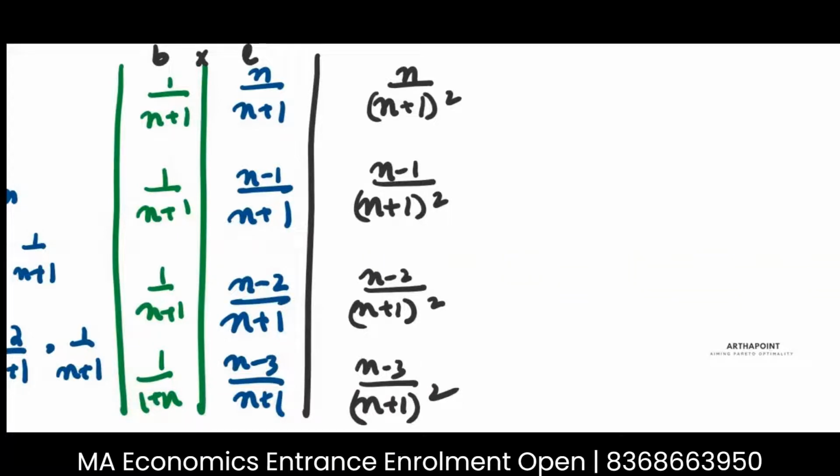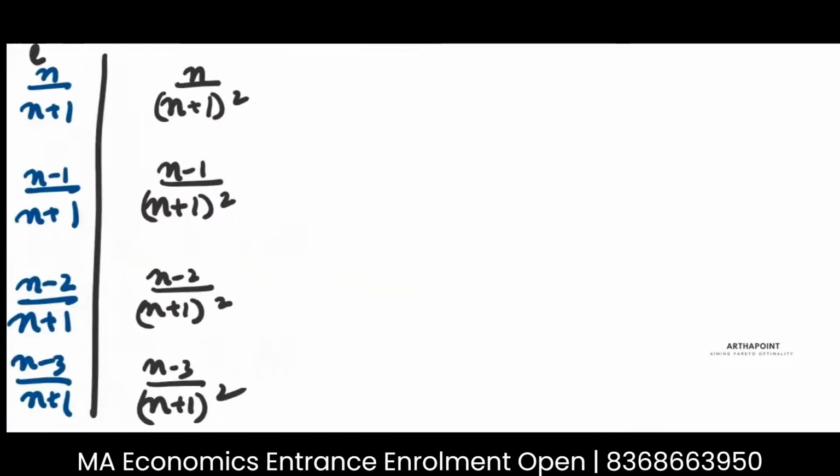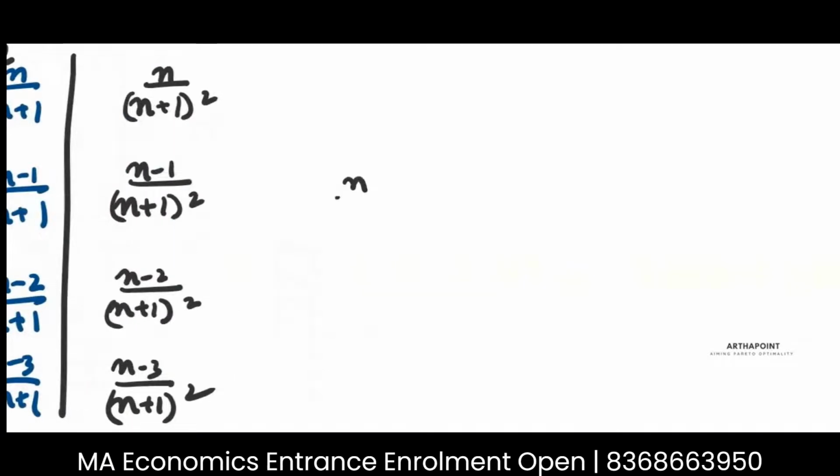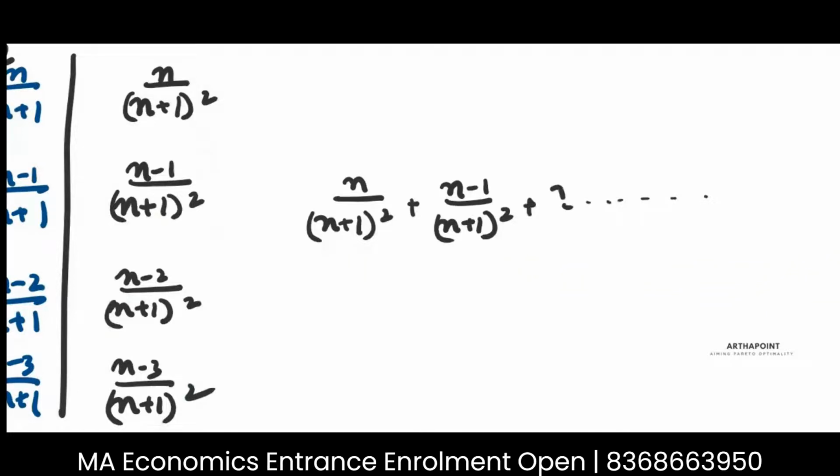So if I have to add it, it would be a series. So let's find the sum of all the areas. N upon n plus 1 whole square plus n minus 1 upon n plus 1 whole square, and so on. So, n minus 2 upon n plus 1 whole square.